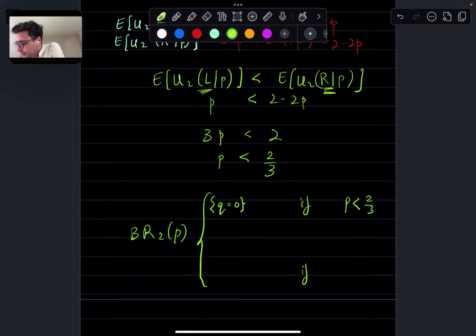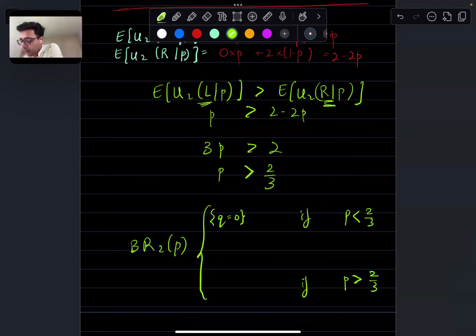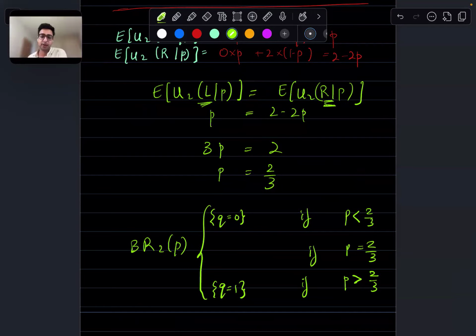Similarly, if P is greater than 2/3, then you have this condition. And so L is better, which means that player 2 chooses Q equals 1. And if P is equal to 2/3, then you end up with this condition. And so, again, the expected utility from choosing left is the same as the expected utility from choosing right. And so any value of Q between 0 and 1 becomes the best response for player 2.